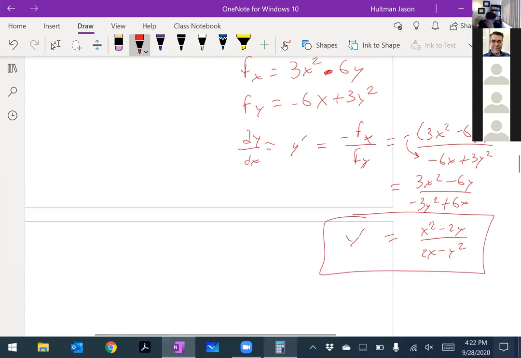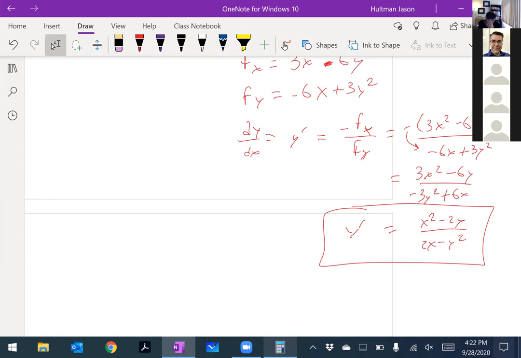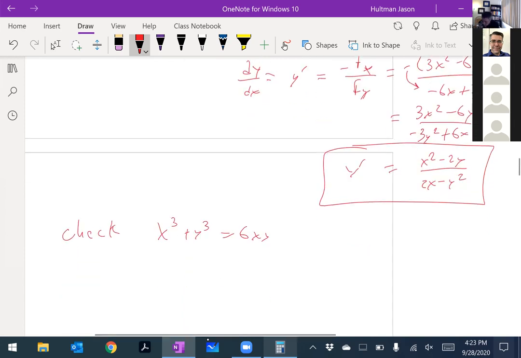Now let's check this. Does this work? How am I going to check it? What's the original one that we wanted to take the implicit differentiation of? In Calc 1, how would we do this? Let's just use Calc 1 to check. The derivative of x cubed is 3x squared.